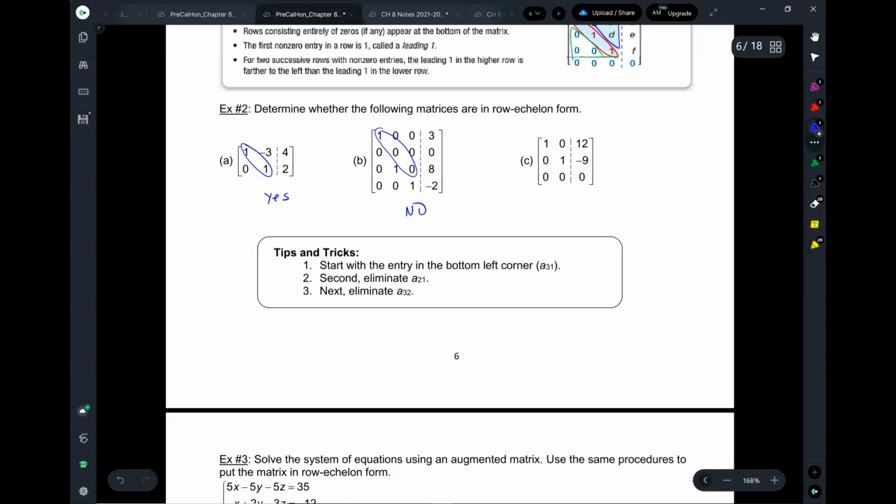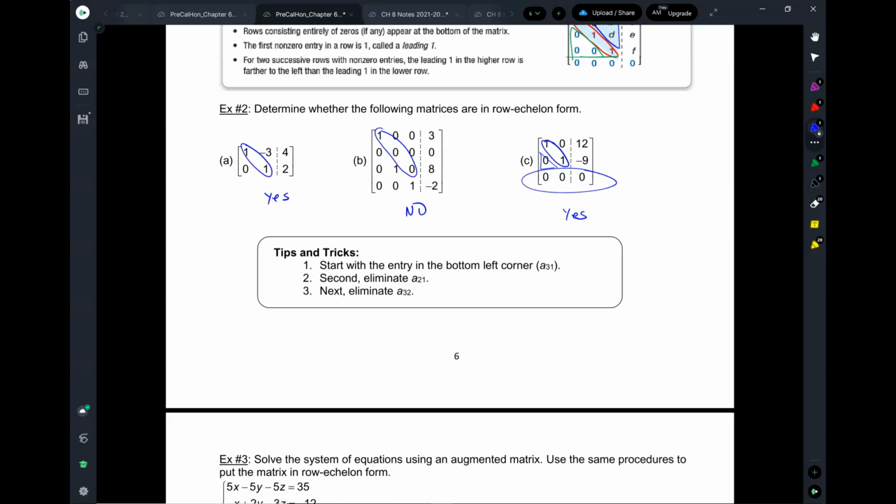As Scotty pointed out, you can rearrange the rows and put it in row echelon form. Then it'll be a yes, but right now it's a no. This one here, main diagonal of 1s, 0 in the triangle underneath, that's fine. And then you have a full row of zeros, correctly placed at the very bottom. This is in row echelon form.